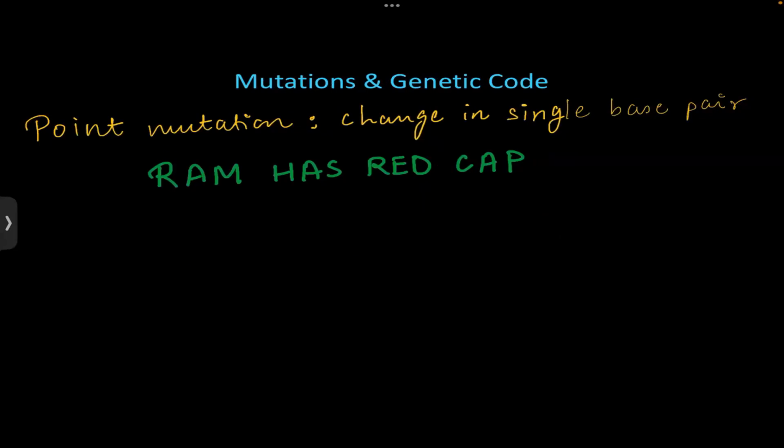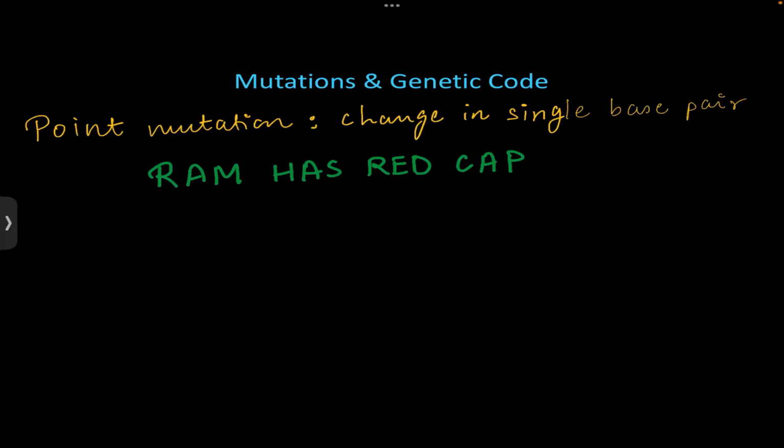Now, once we have understood the genetic codon, what genetic codons are, why they are needed, and how they help in translating the sequence in mRNA into an amino acid sequence, we can turn to the mutations that we saw in the previous chapter.